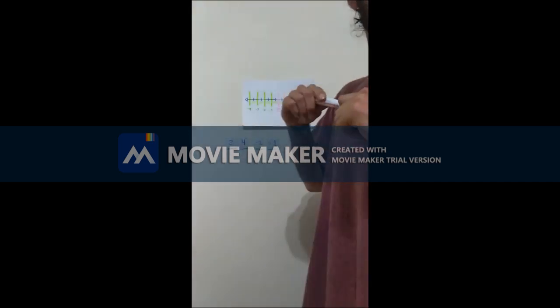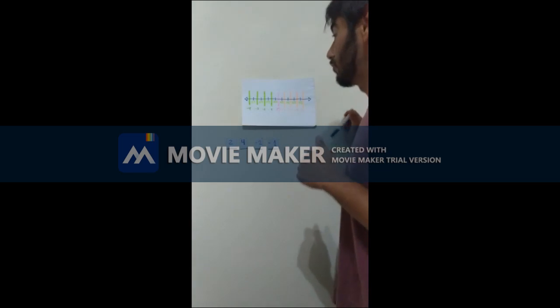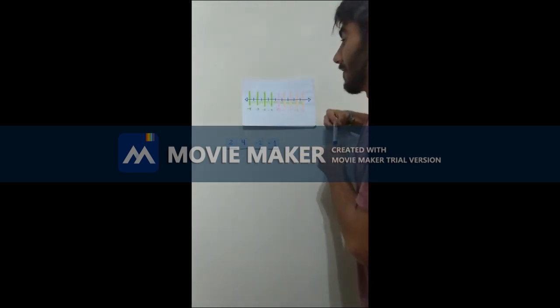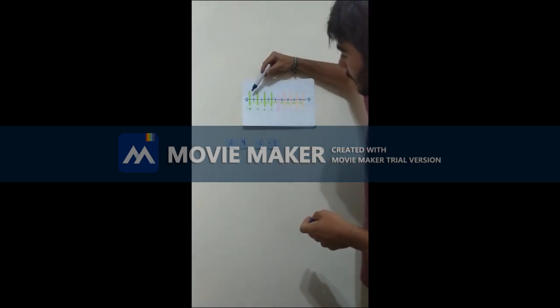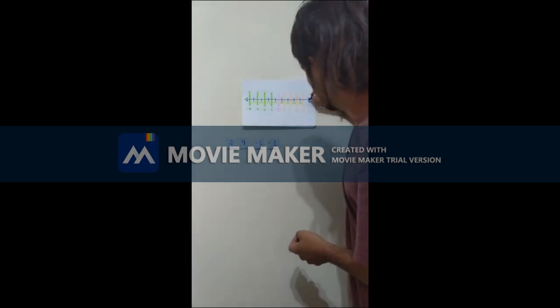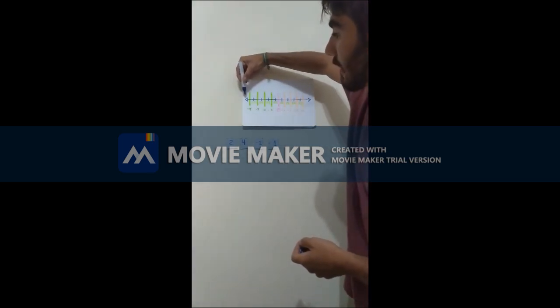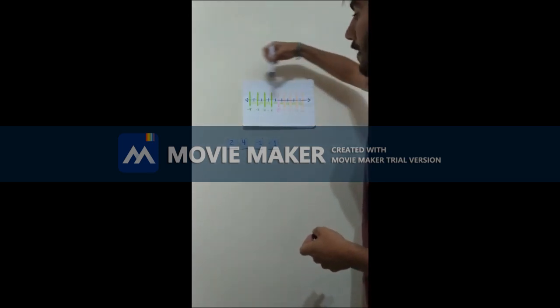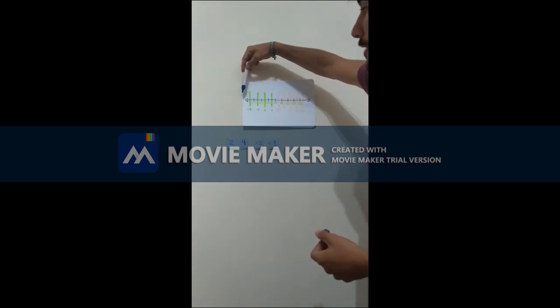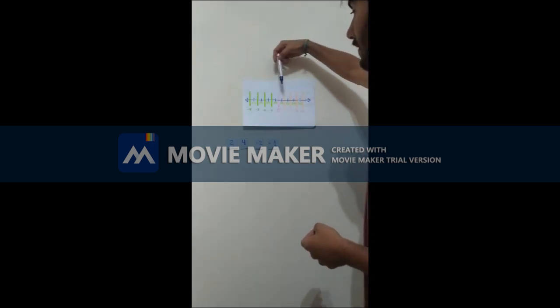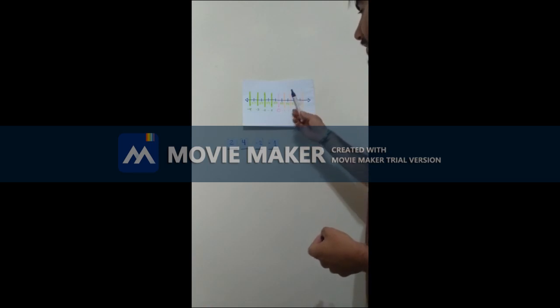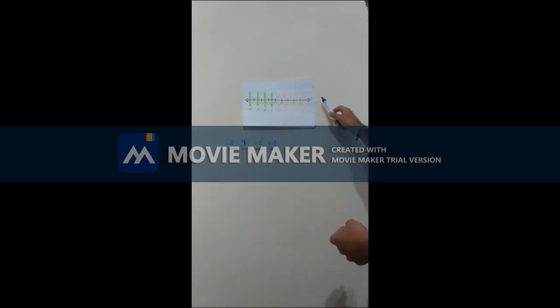Alright, guys. Now I want to present to you the number line. As you can see here, on each side of the line, we have arrows. The arrows on both sides of the line show us that it is going farther, farther, farther.